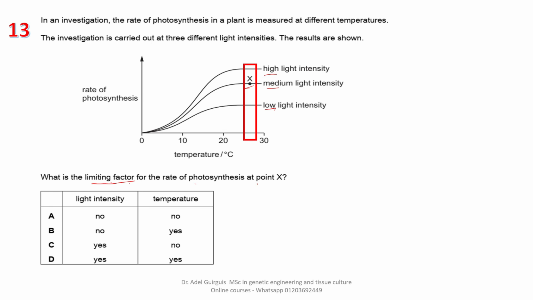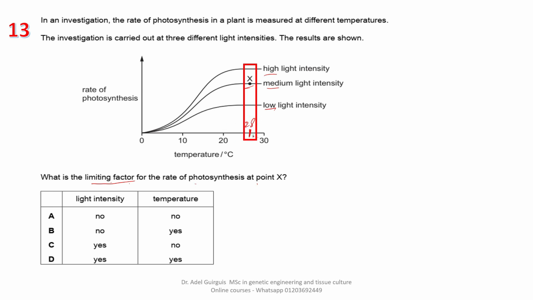When answering this question, we have to use a ruler and make this rectangle, or even for simplicity, one line. This line represents a fixed temperature, for example 27, 29, 28. Okay, no problem, this is a fixed temperature.